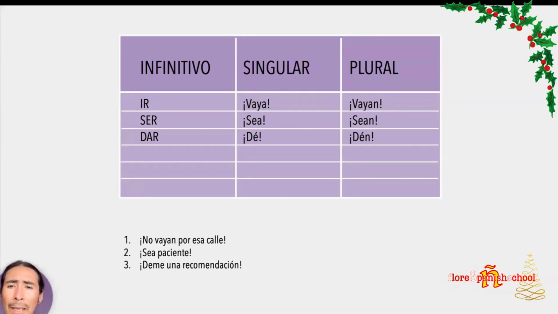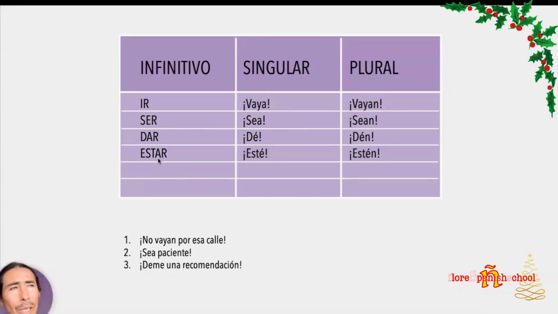Now, estar. The command estén. Remember, when do we use verbo ser? When do we use verbo estar? Kind of tricky. We can look at that one in another video. But look, ser, remember we use for descriptions, personality. So that's the reason sea paciente.